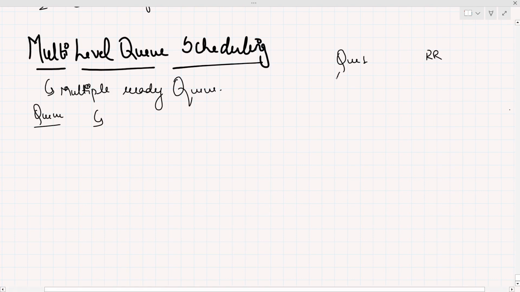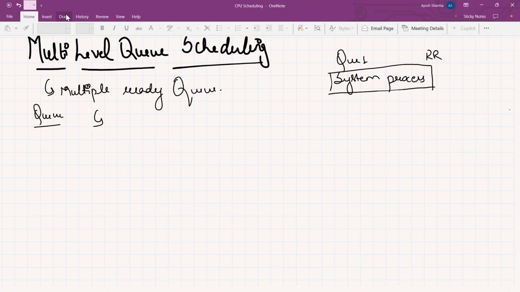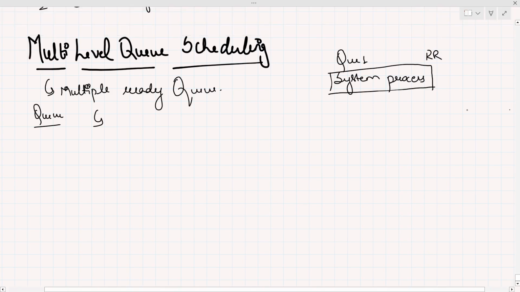Let's say Q1 is about system processes. Whatever processes are available in this system queue are scheduled by this RR, the round robin scheduling algorithm.